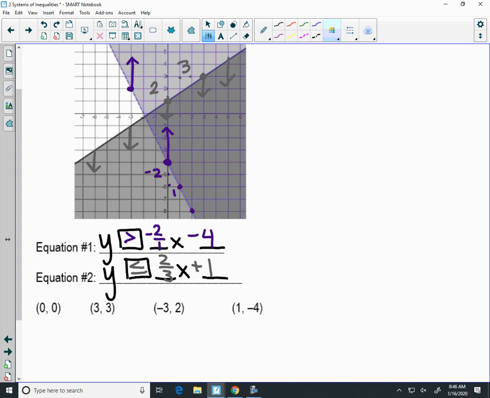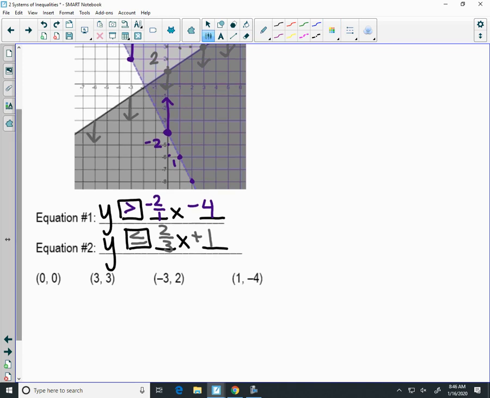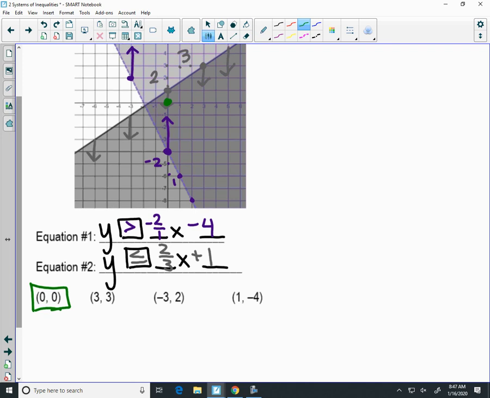So we can put this into Desmos to check it, but you can put these points on. 0, 0 is right here. That is absolutely in our overlap. 3, 3 is here. It's on the solid line in our overlap.